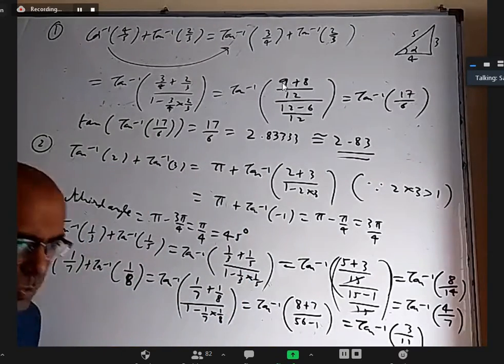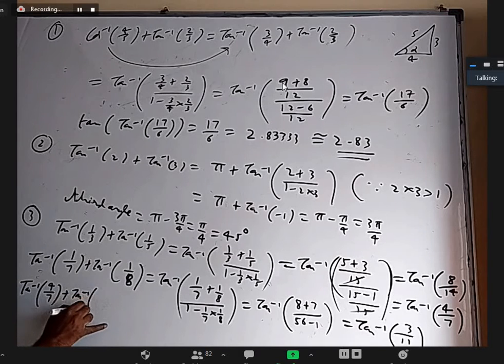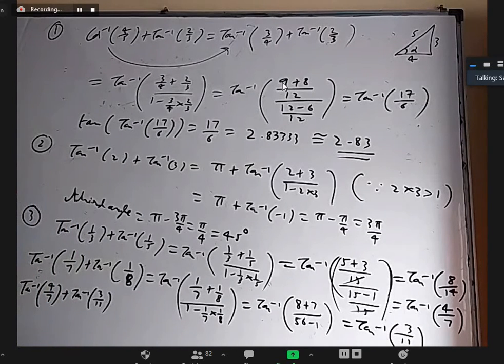Now we have to add up these two. No, we should not write in degrees, and they don't ask anything. It is always by default you should tell in radians.